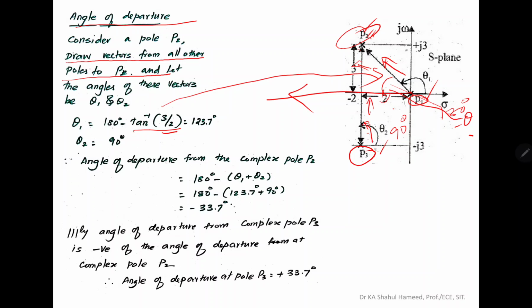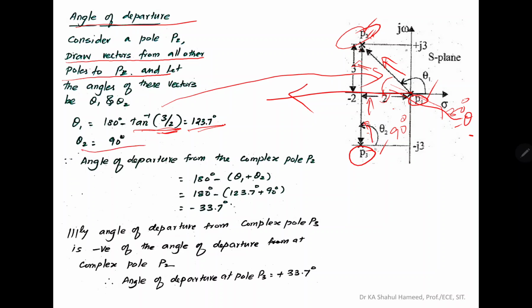We find the angle using a calculator. When you find it, you will get 123.7 degrees. Now theta 1 is 123.7 degrees and theta 2 is 90 degrees.